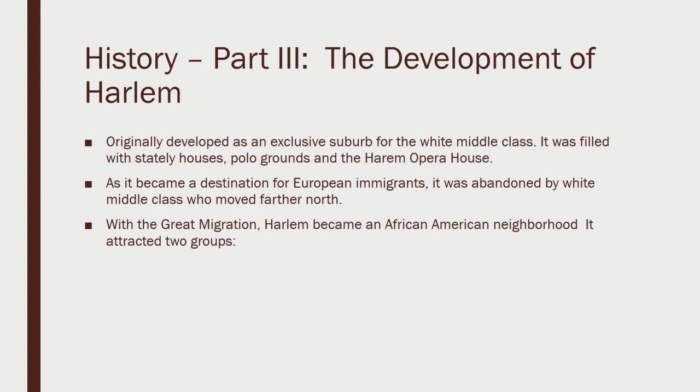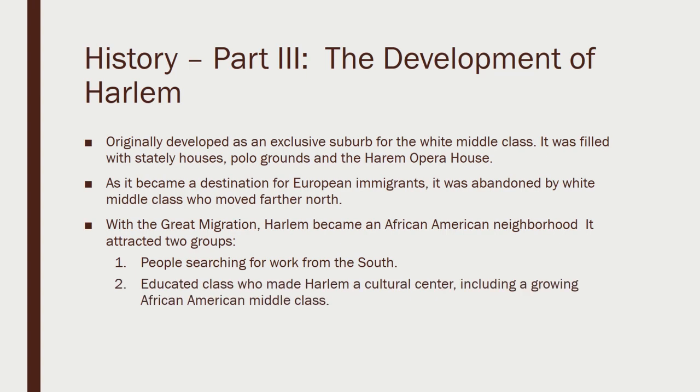affected two groups. So you had two main groups flocking to Harlem. People searching for work from the South. As people were leaving the oppression of the Jim Crow South, they came, looked for work, and settled there. And then an educated middle class who made Harlem a cultural center again.